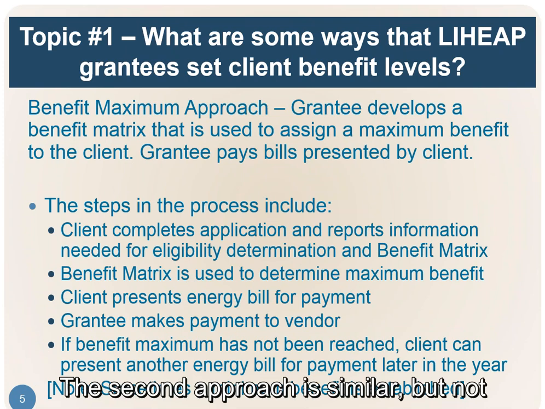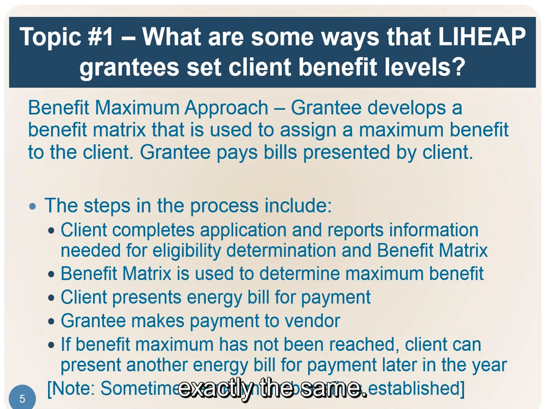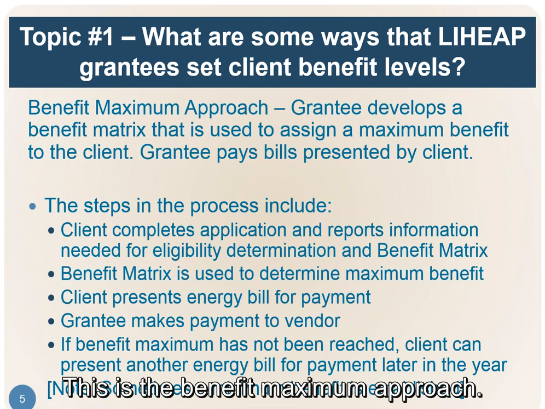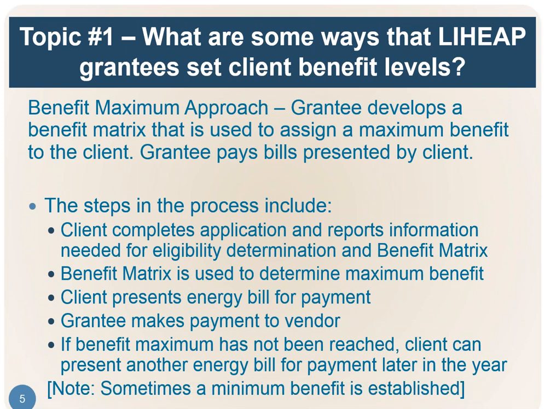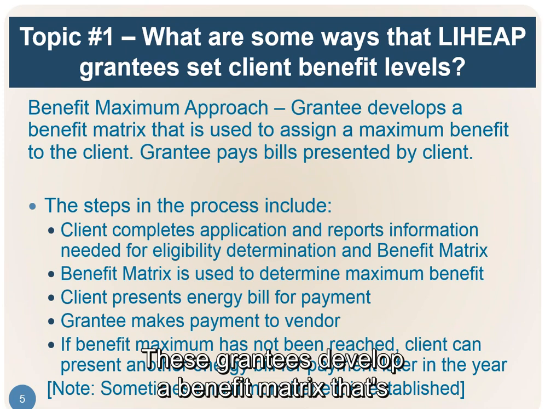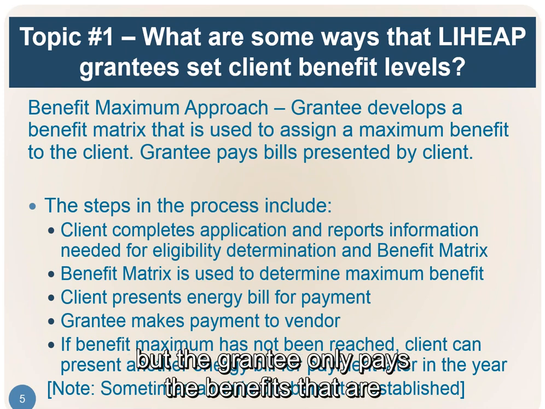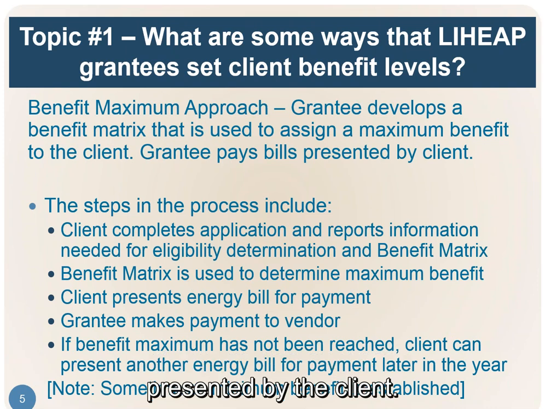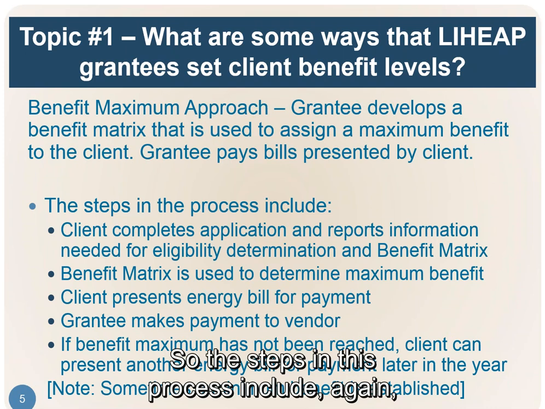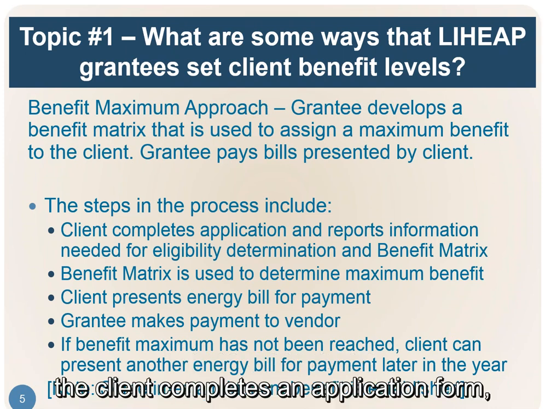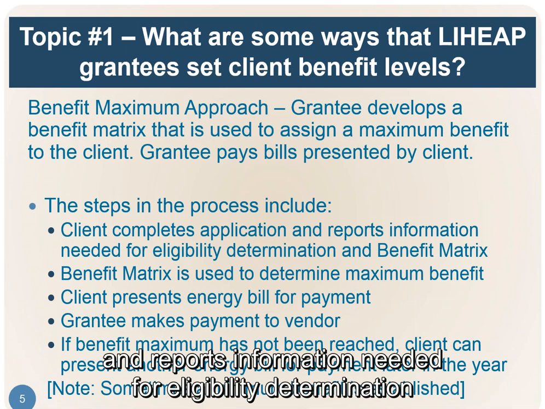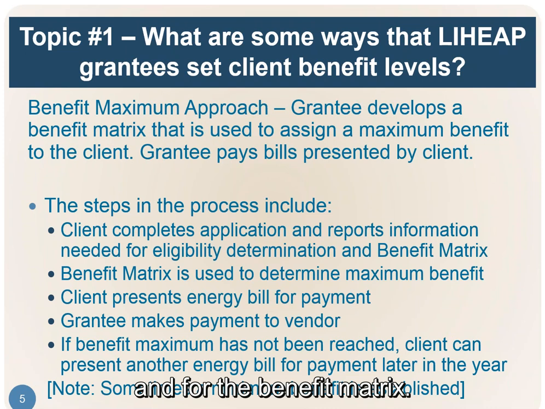The second approach is similar but not exactly the same. This is the benefit maximum approach. These grantees develop a benefit matrix that's used to assign a maximum benefit to the client, but the grantee only pays the benefits that are presented by the client. So the steps in this process include, again, the client completes an application form and reports information needed for eligibility determination and for the benefit matrix.